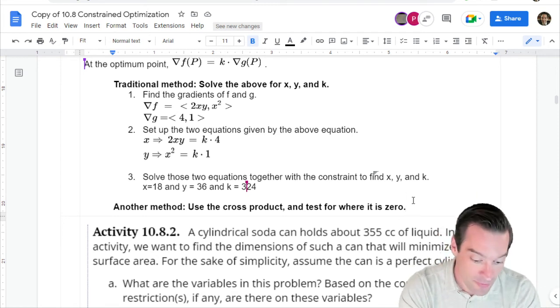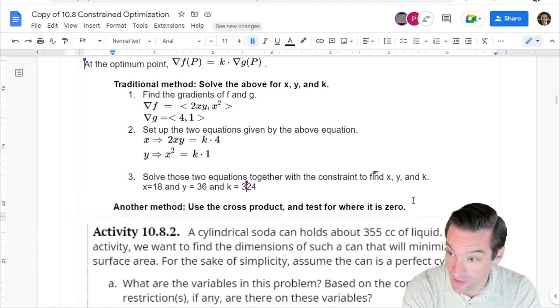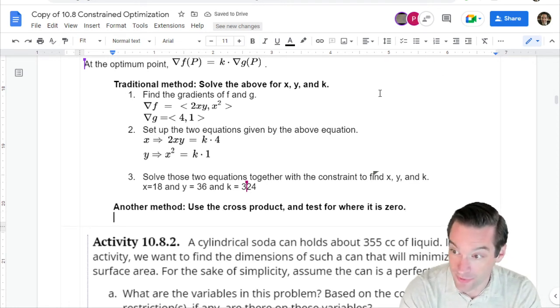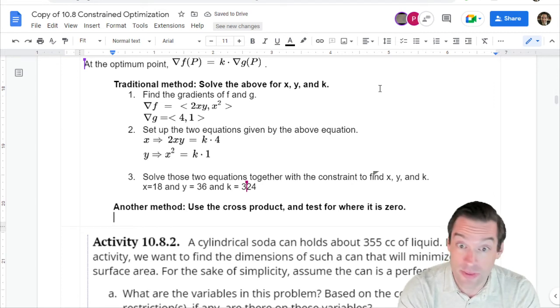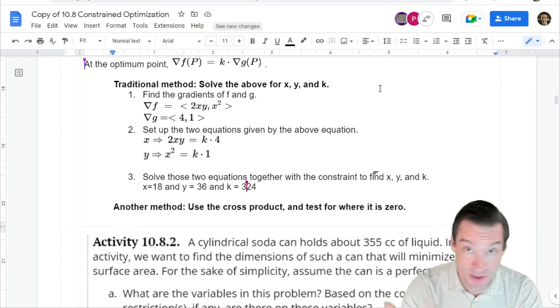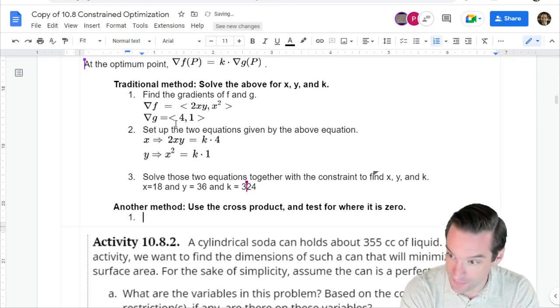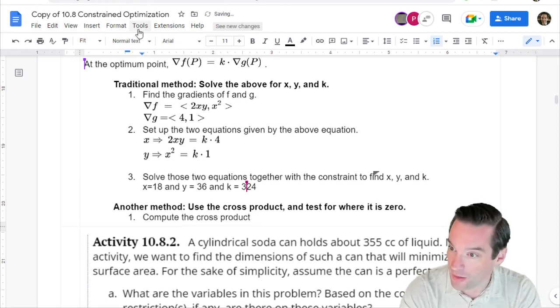But either way, if we take the cross product of our 2 gradient vectors and set that cross product equal to 0, then that, along with the constraint, will give us 2 equations in the 2 variables x and y that we can use to solve. So for this, just compute the cross product of the gradients of f and g.